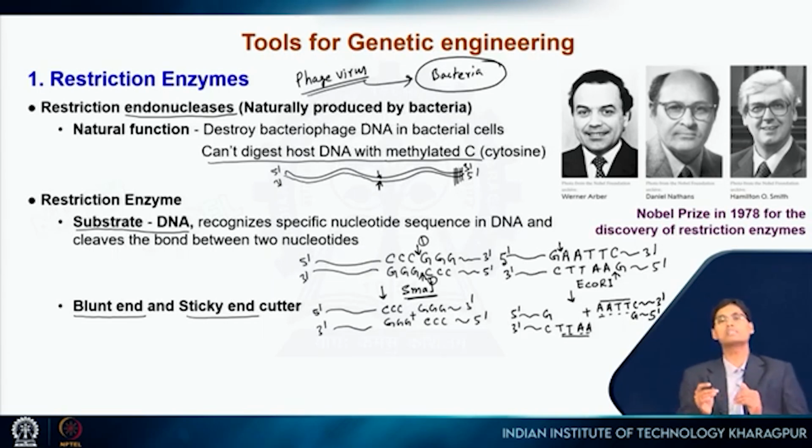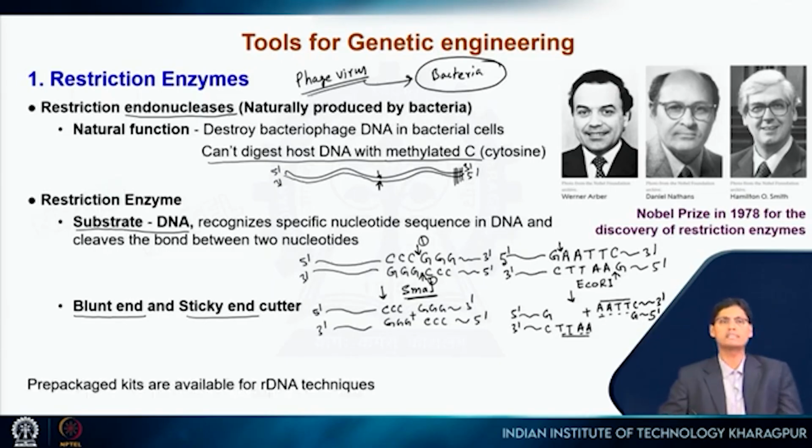That's why they are called sticky ends. This sticky end cutter we use very often in our laboratory for genetic engineering purposes. Blunt end cutters can also be used for some special purposes, but sticky end cutters are very common.